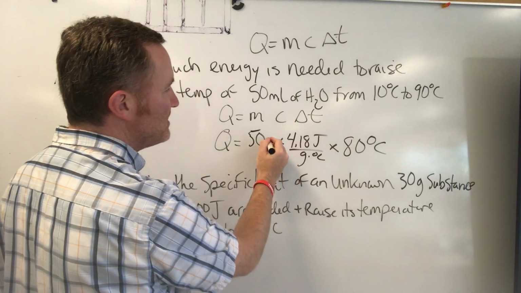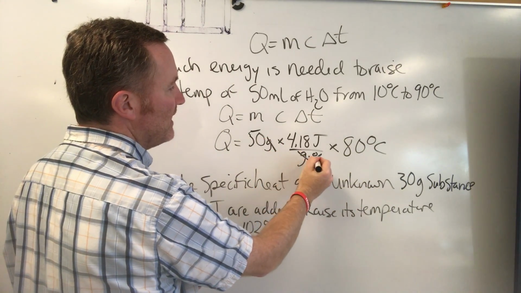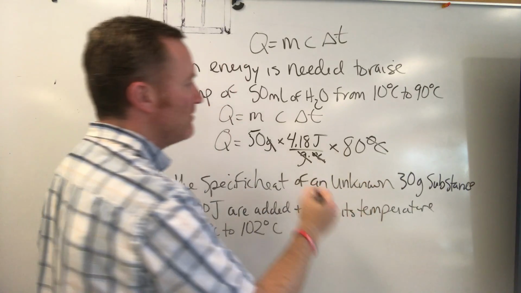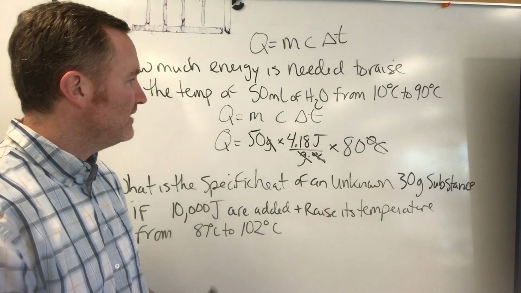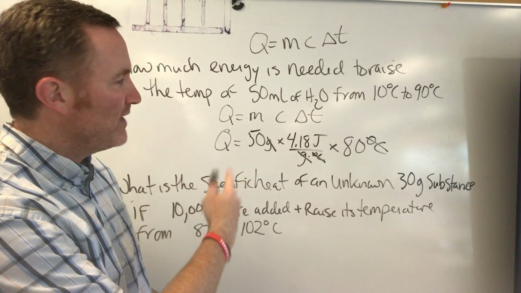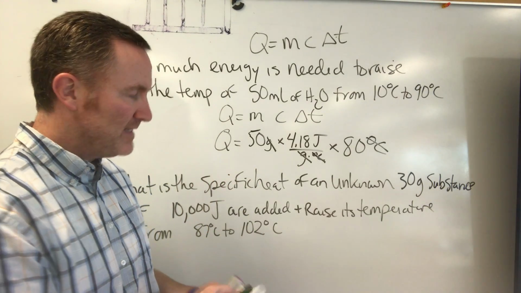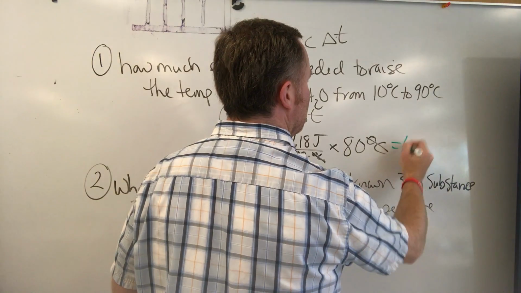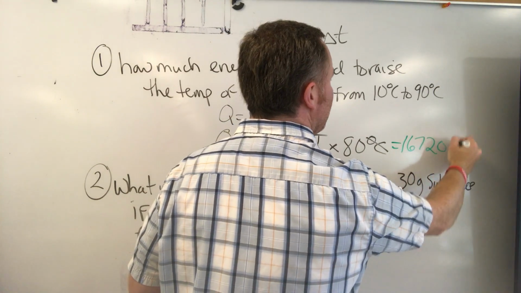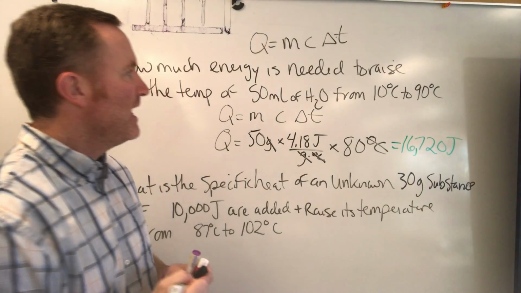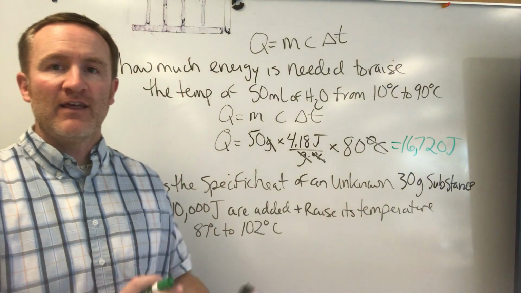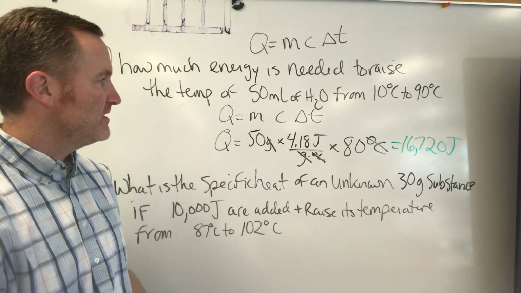My grams cancel out, my degrees Celsius cancel out, and I'll be left with a unit of joules. When we do 50 times 4.18 times 80, we get 16,720 joules. Again, I'm not doing anything with significant figures in this question.